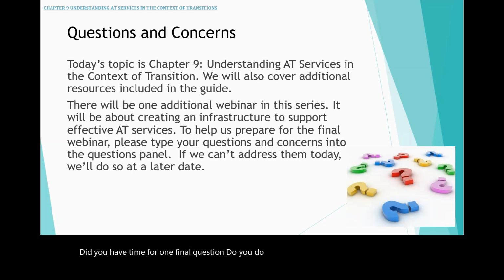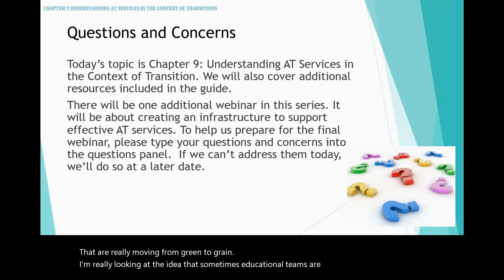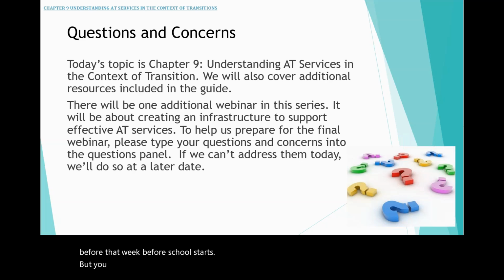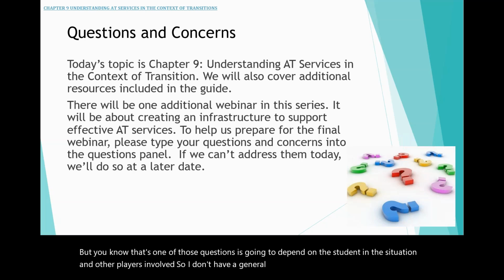So the final question is, do you recommend articulating concerns for the receiving team's need to get additional support and training for AT for incoming students, for those students that are moving from grade to grade? I'm really looking at the idea that sometimes those educational teams are not identified until right before that week before school starts. That's one of those questions that's going to depend on the student and the situation and all the players involved.